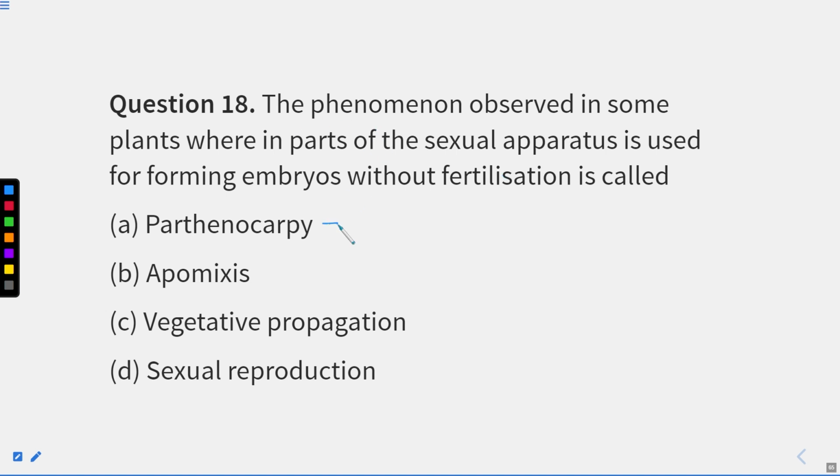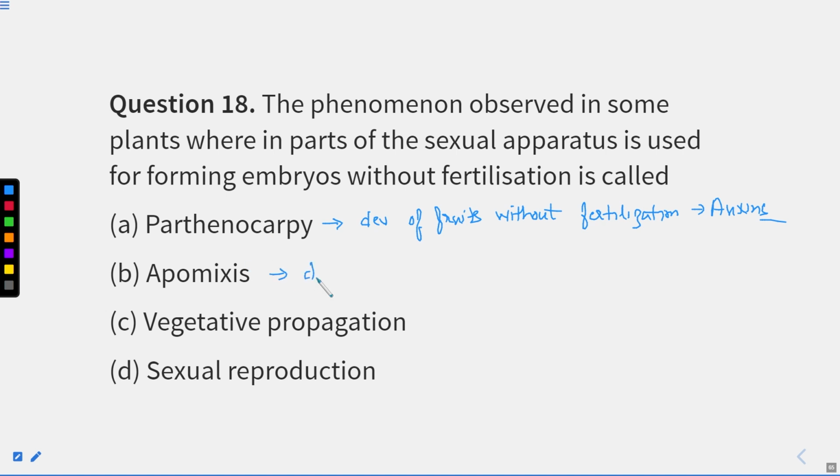Parthenocarpy, you know, is the development of fruits without fertilization. There is no fertilization, and without fertilization fruits are developed. And growth hormones known as auxins can stimulate parthenocarpy.